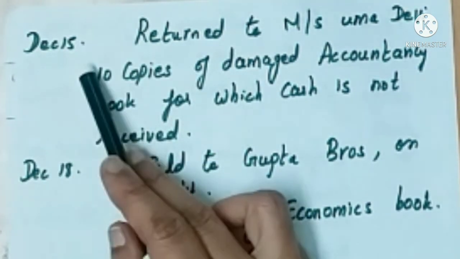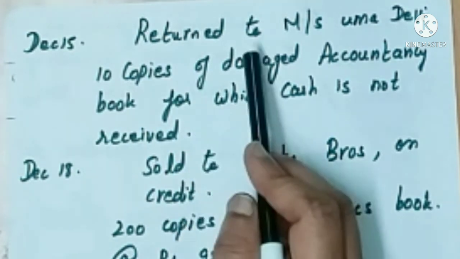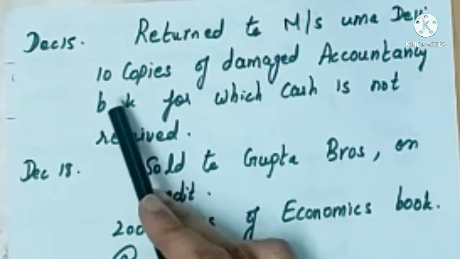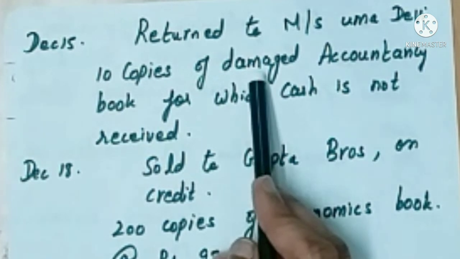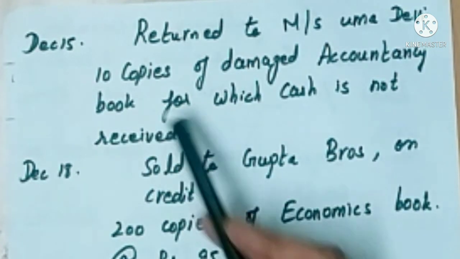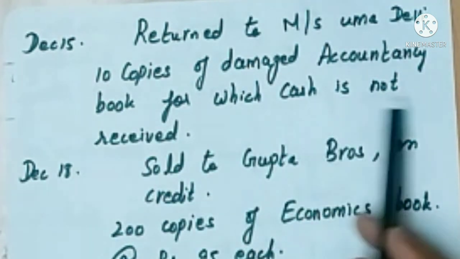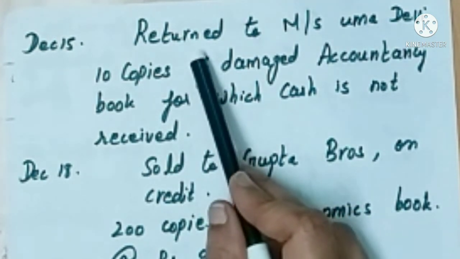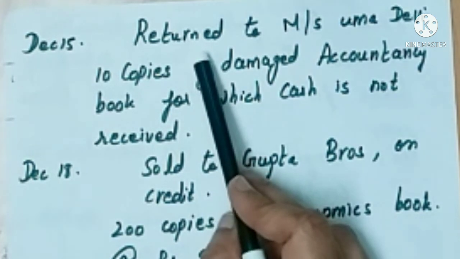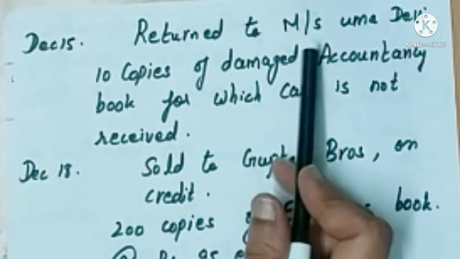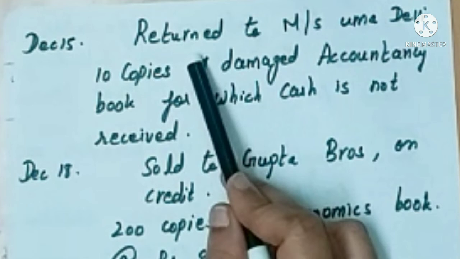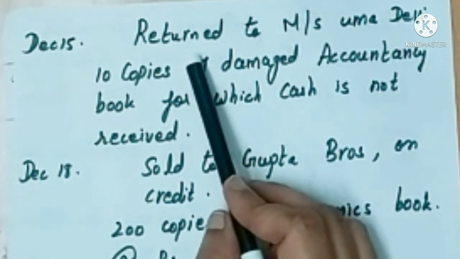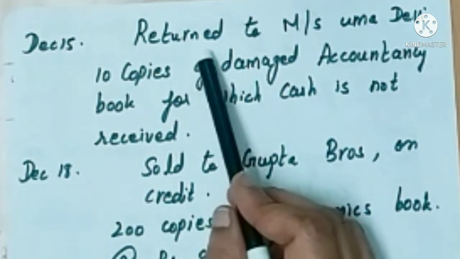On December 15, returned to Uma Devi 10 copies of damaged accountancy book for which cash is not received. So we have purchased from Uma Devi. Now we are returning the goods to Uma Devi. It is called purchase returns. The goods which we have purchased are again returned to Uma Devi.